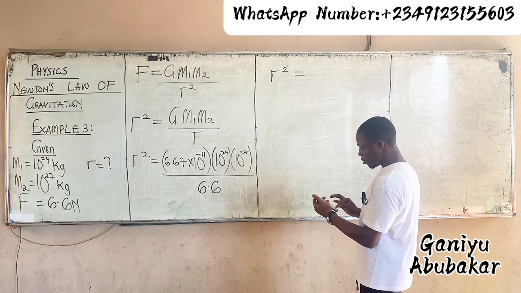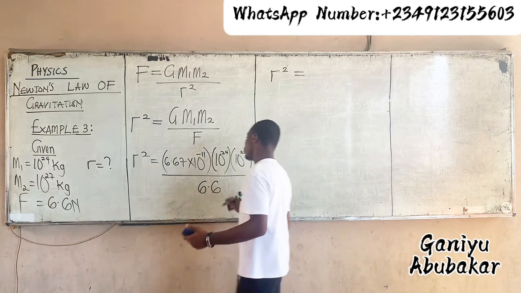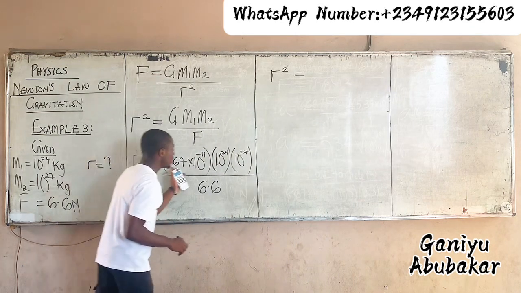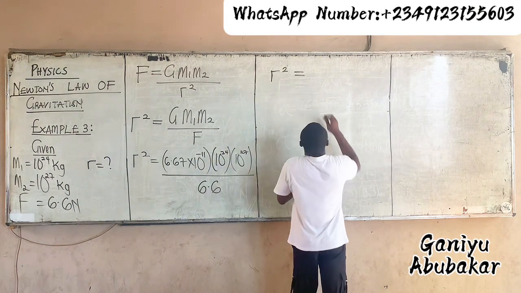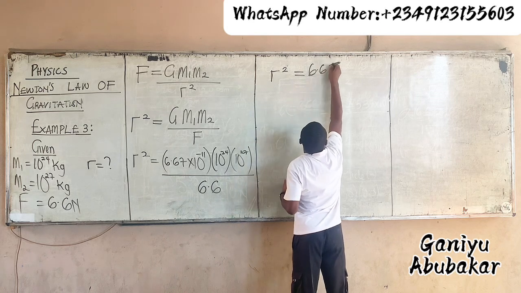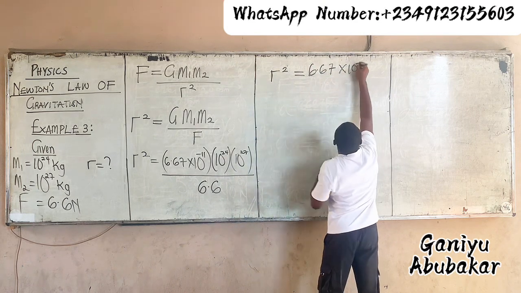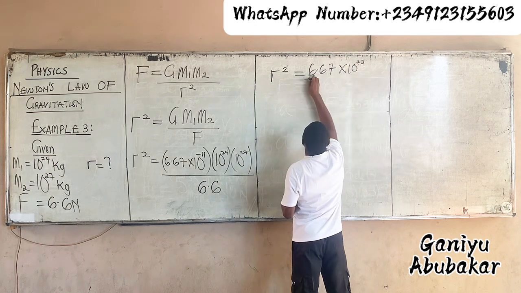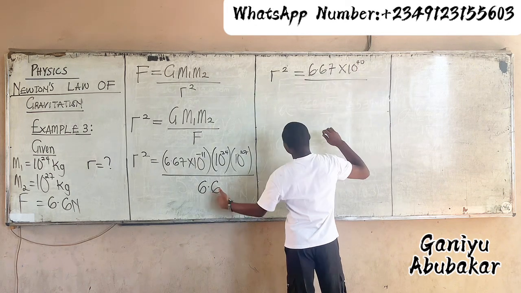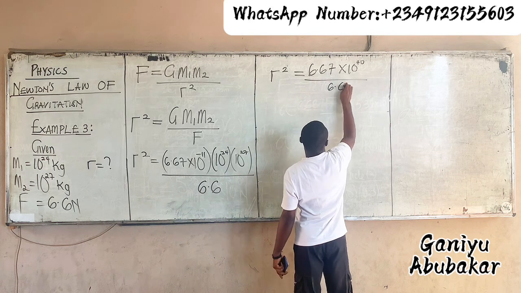My answer for the numerator, this part here, should give me about 6.67 times 10 to the power 40, all over 6.6.